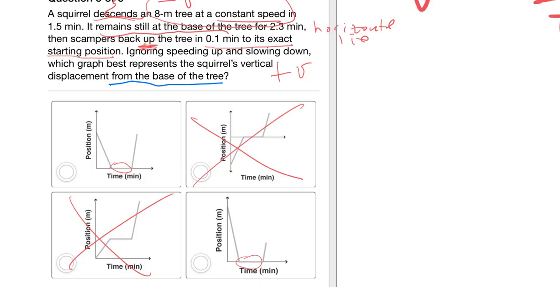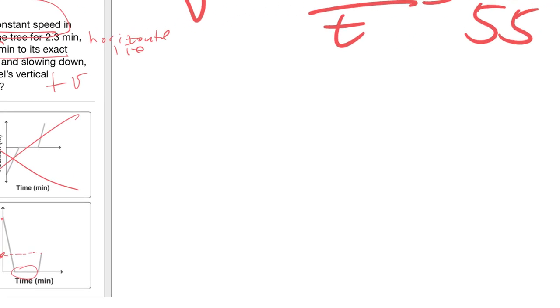But which one ends at the same position that he starts? Oh, this one. This one, he didn't go as high, his position at the end is lower than the position he started from. So this would be my right answer.